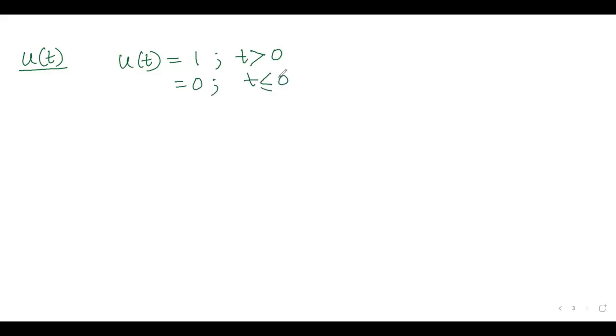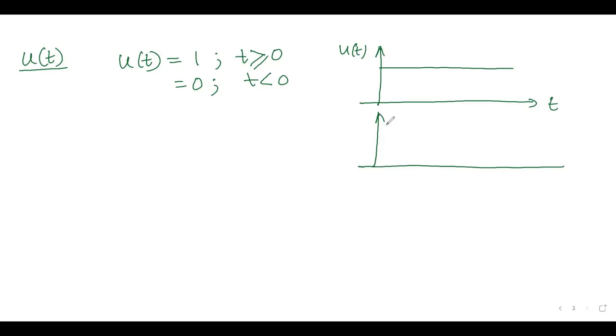This is basically the unit step function ut. Now let us find its Z transform. If you want to find its Z transform, you need to convert it to a discrete signal with a sampler first, then use the Z transform.